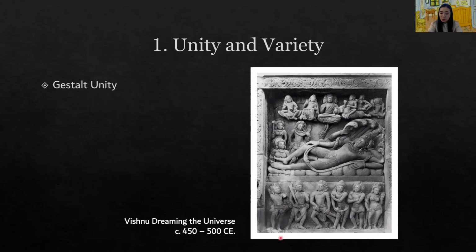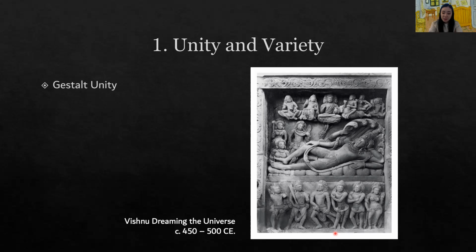In this stone carving, the abundance of human figures surrounds a much larger reclining figure. And this is the god Vishnu dreaming. The repetition of the human shapes that attend Vishnu creates compositional unity.